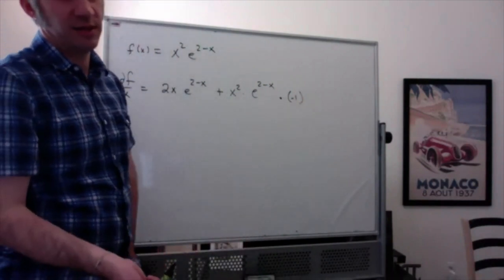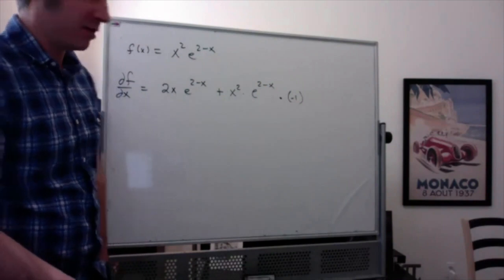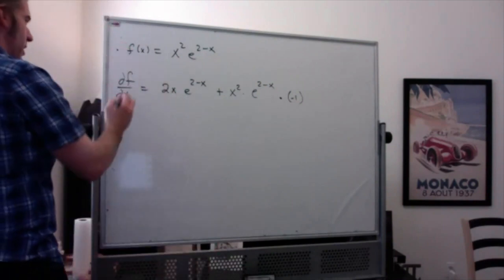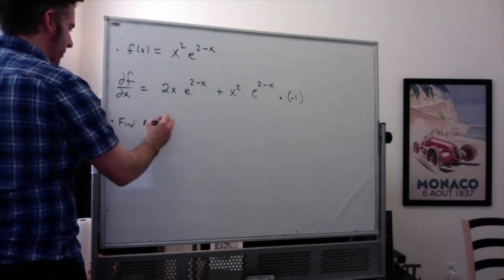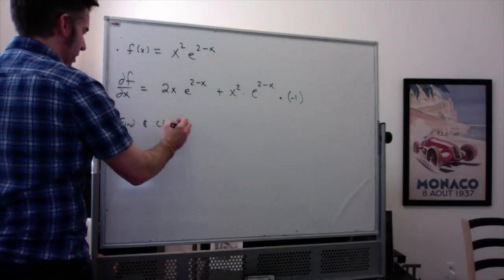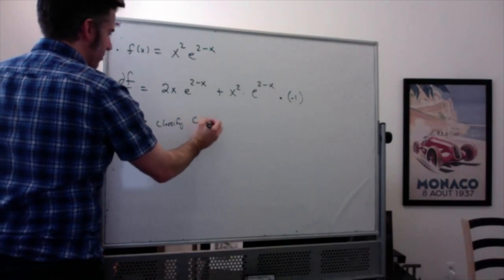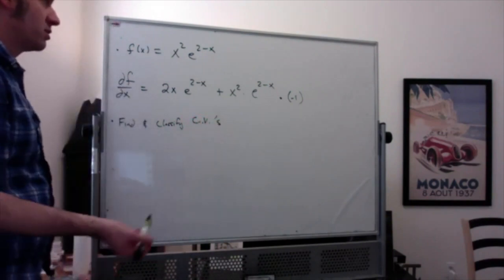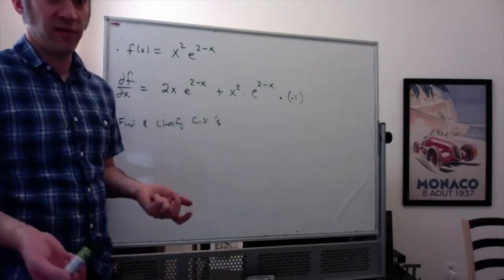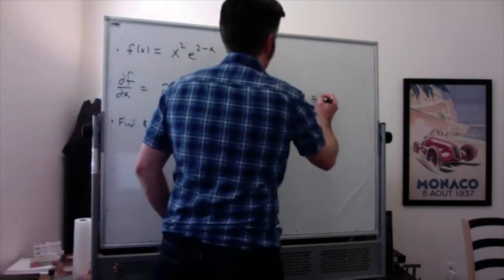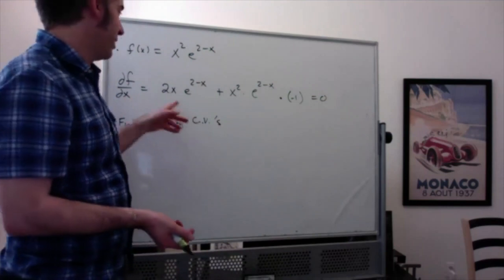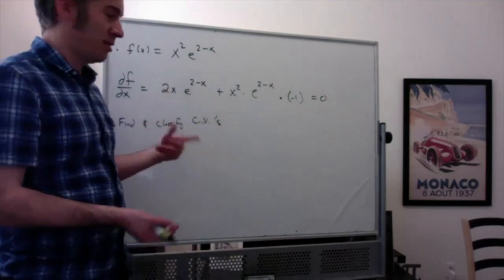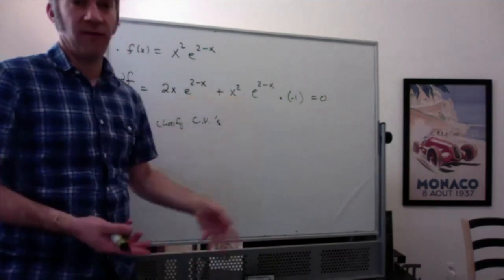I feel like this question doesn't ask enough, so I'm going to expand on it a little bit. I'm going to say find and classify any critical values. To find the critical values, we set the derivative equal to 0. I should really say we set it equal to 0 or where it's undefined, but powers of x that are positive and e to the stuff is never undefined.